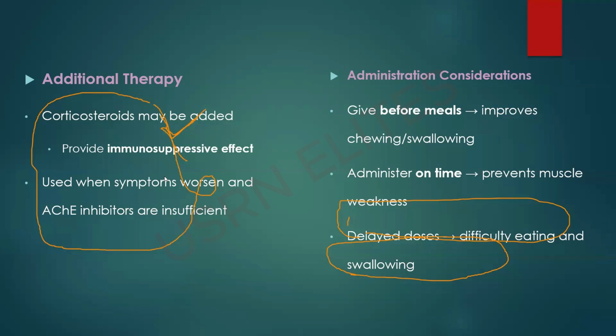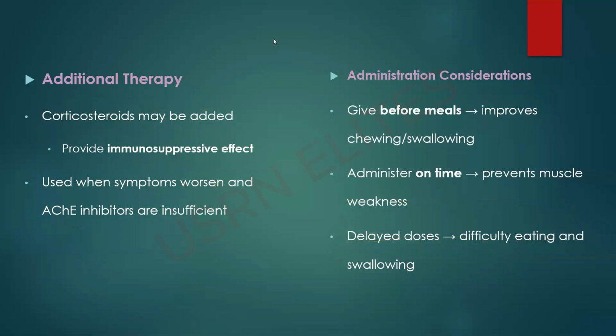Steroid is used to bring your immune system down, to lower your immune system a bit. So when your immune system is being lowered a bit, it will slow down the attack on your own body. It will suppress that effect happening and will help improve things.